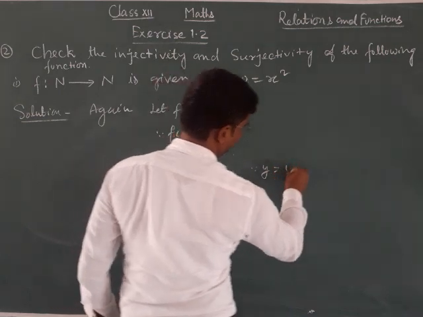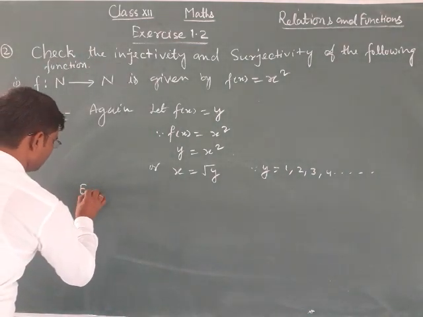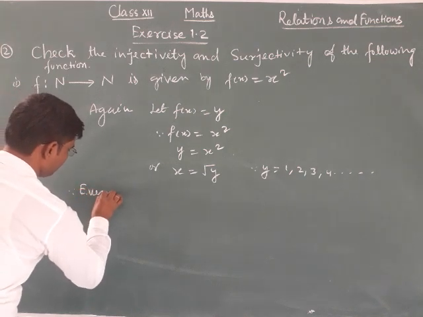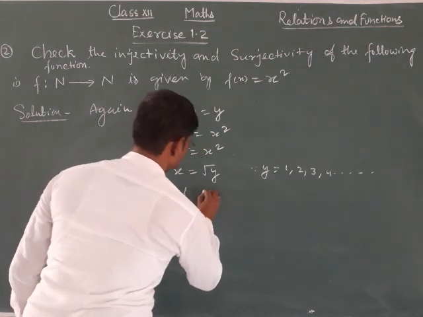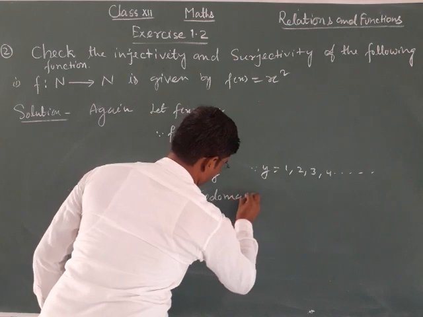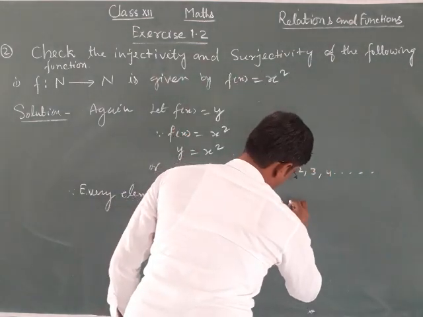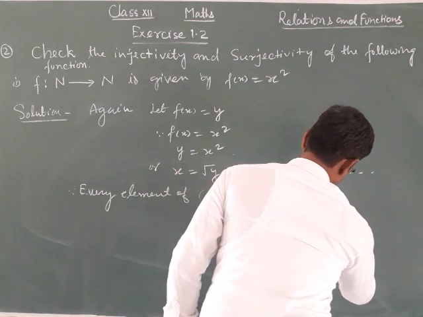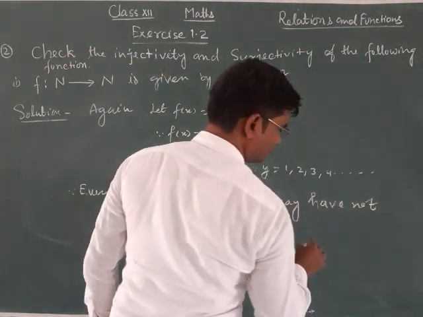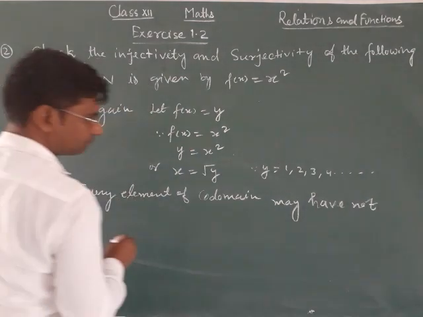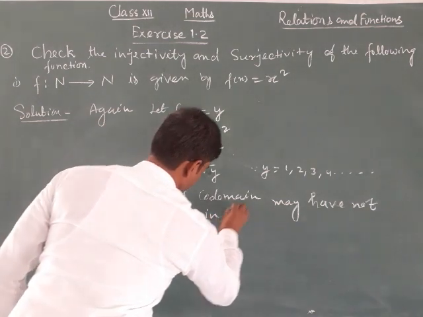Since y is equal to 1, 2, 3, 4 and so on, a natural number, every element of codomain may not have a pre-image in domain.